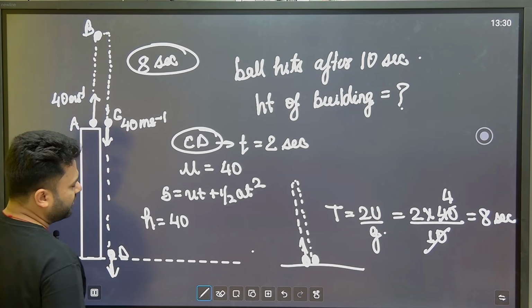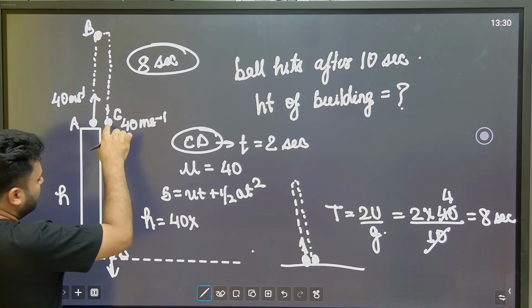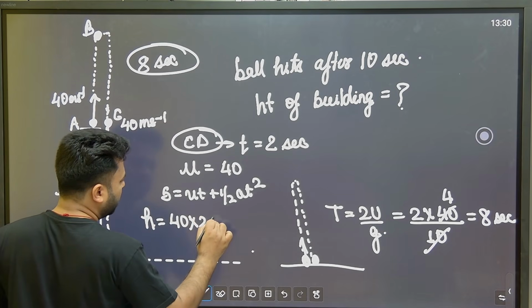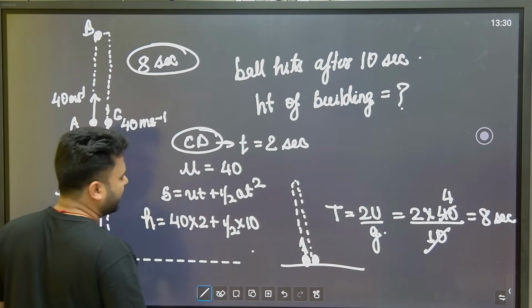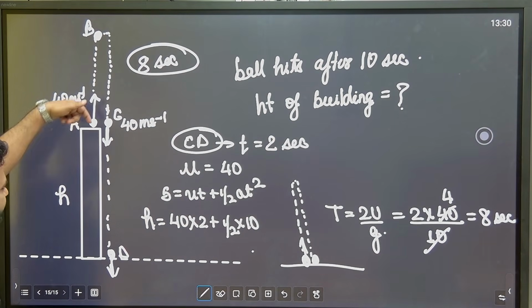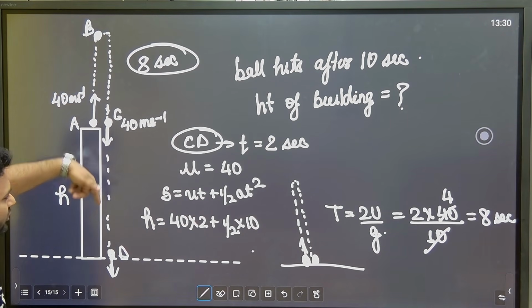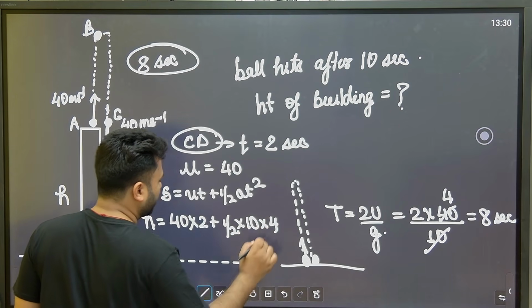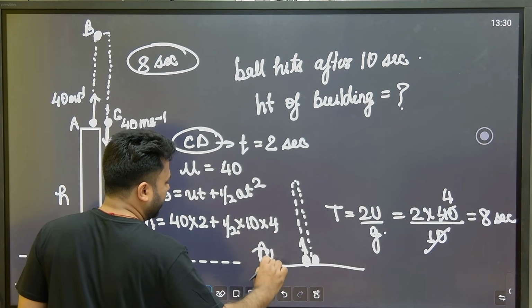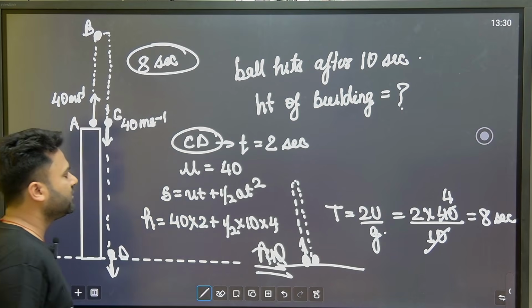So 40. Time, how much? From C to D, 2 seconds. Plus half, acceleration you know, 10, acceleration due to gravity. And direction of motion is down, gravity is also down. So plus 10, t square. Time is 2, 2 square is 4. This will be the answer, the height of the building.